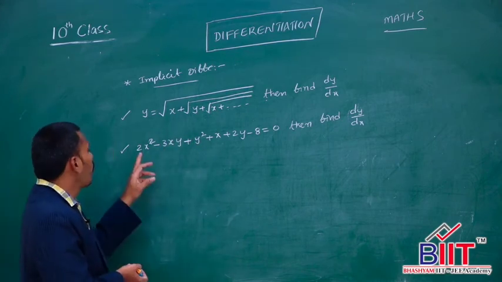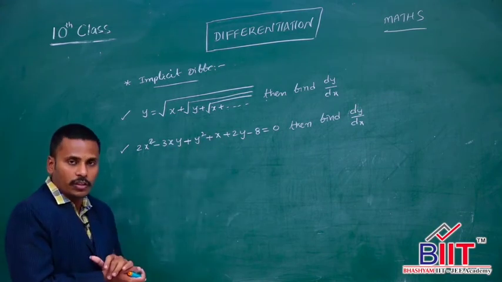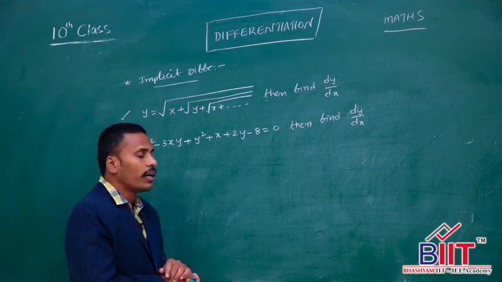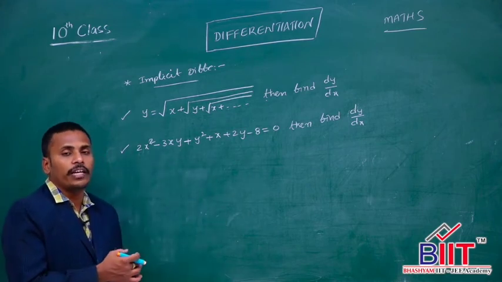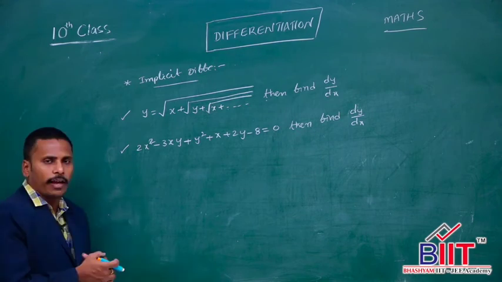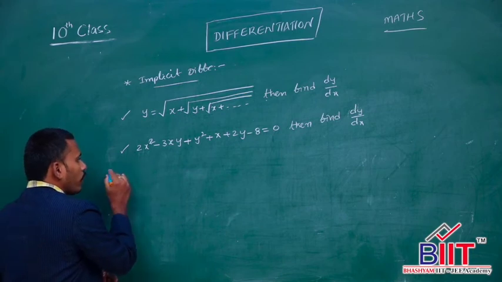Look at the problem, 2x square minus 3xy plus y square plus x plus 2y minus 8 is equals to 0 is the relation between x and y, and we need to calculate dy by dx. Making y as subject and then finding derivative is a bit lengthy process. Directly you just apply derivative with respect to x. So apply derivative with respect to x for everything.